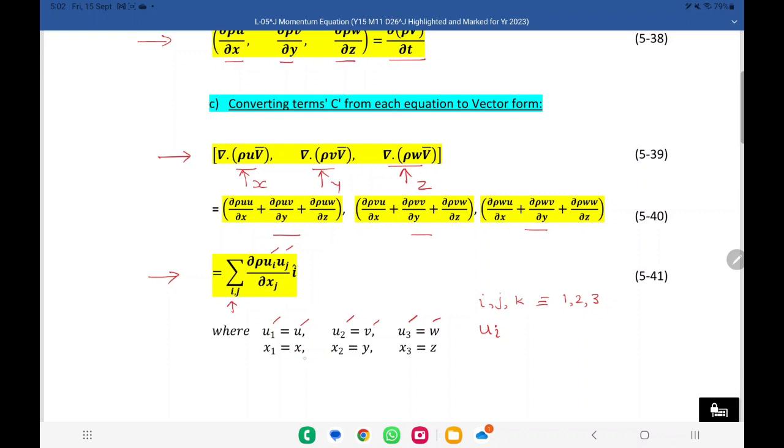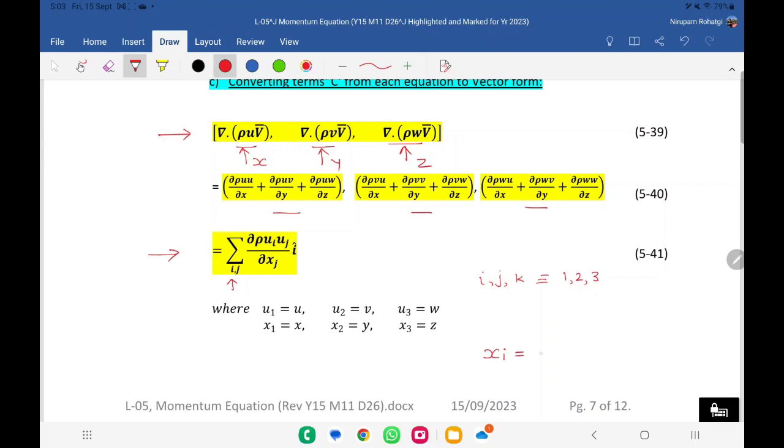Similarly, X1 is taken as X, X2 is taken as Y, and X3 is taken as Z. Xi is nothing but X1, X2, X3, and again they are nothing but X, Y and Z. So you can match it, you will get this. And this is also vector I, showing the direction. So I, J, K: this is the I direction, this is the J direction, this is the K direction.